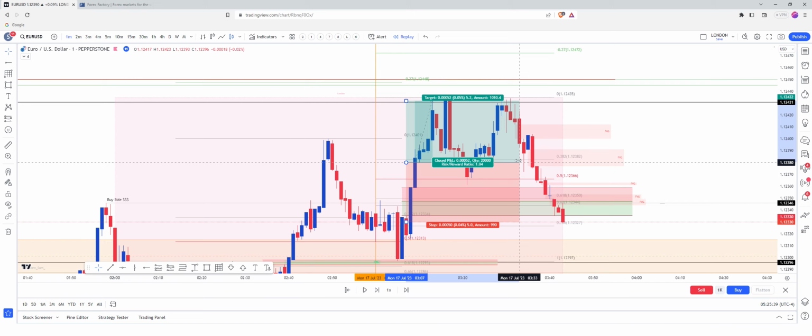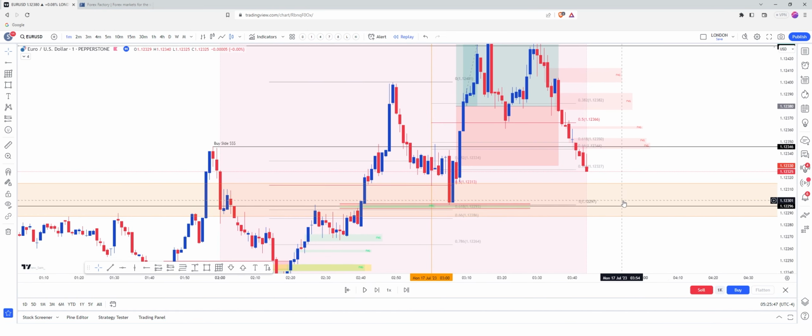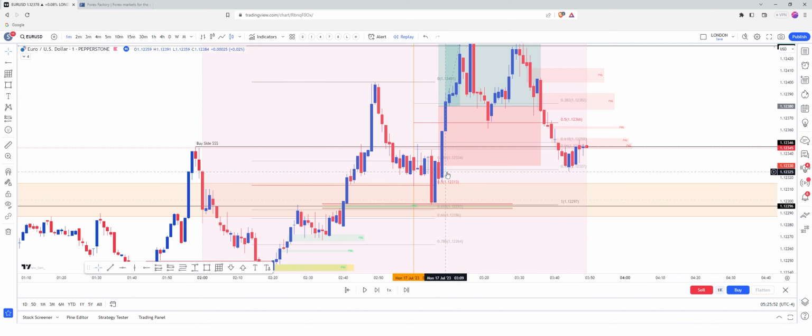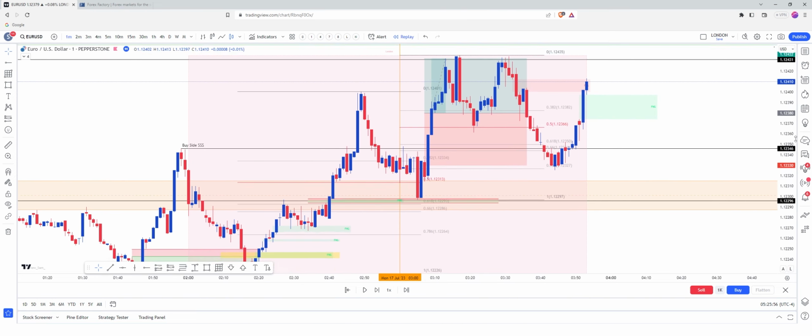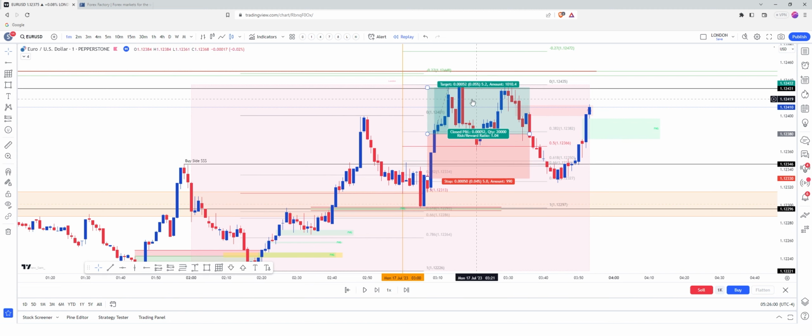If you were sharp on a silver bullet, we are now pulling back. We have got relative equal highs here. Respecting this order block. So we can see we've had this pullback.